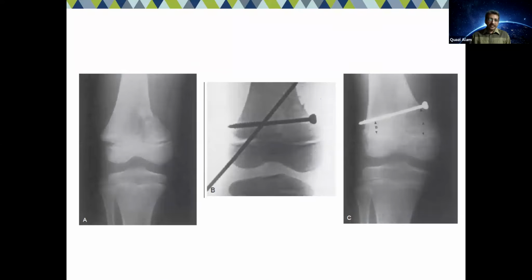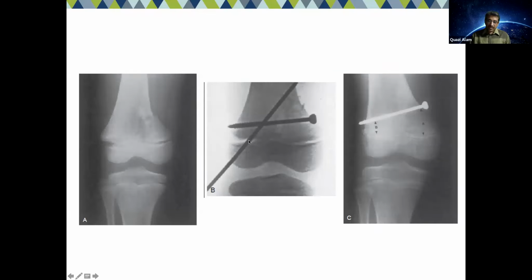So here is an example. It was a Salter-Harris type 2 injury. The surgeon reduced it perfectly. He put in a metaphyseal screw, but he thought that it was not stable. So what he did, he put in a very thick K-wire from the lateral side through the epiphysis towards the metaphysis, crossing the physis.